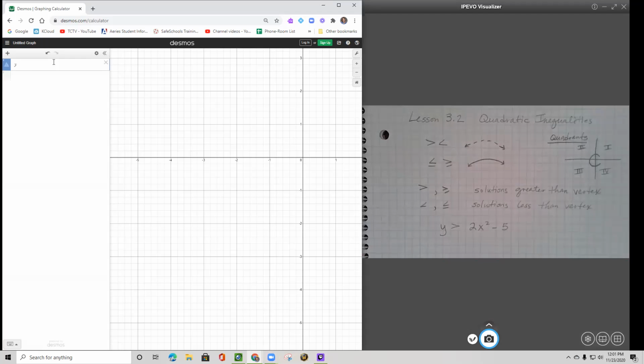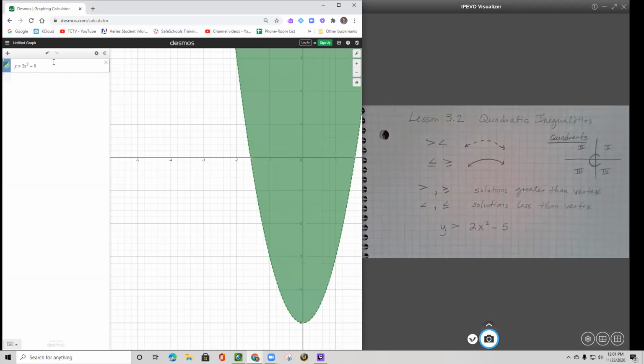Y greater than 2x squared minus 5. And I have a dashed line boundary. And my solutions are greater than the vertex. The vertex is right here at 0, -5.